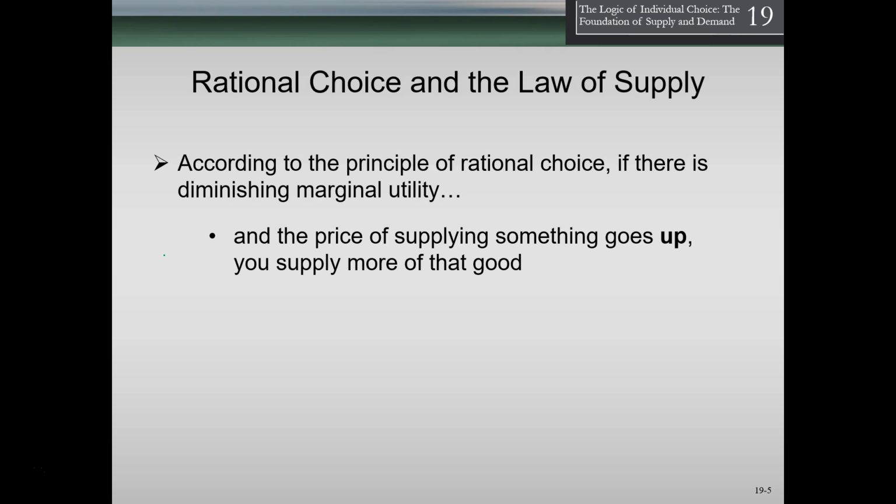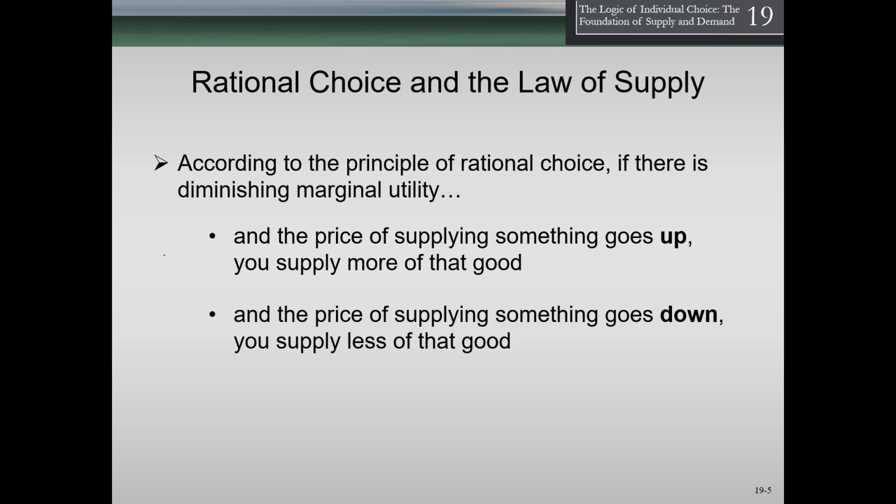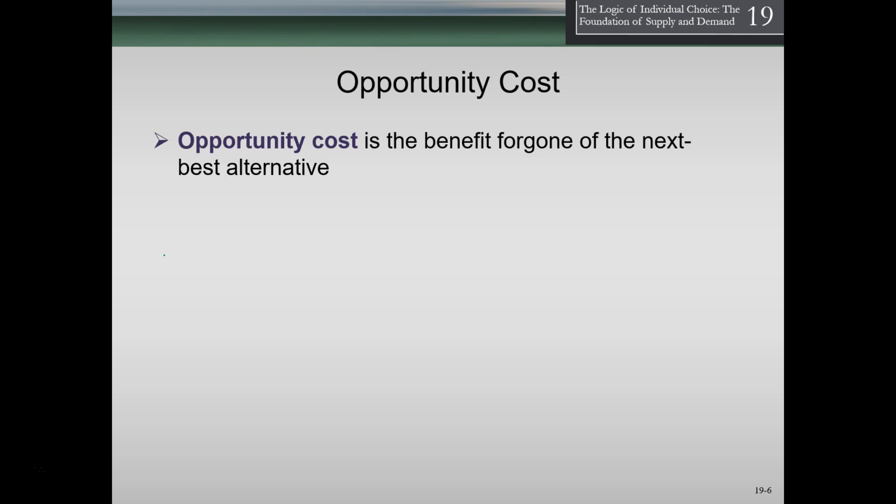Now remember, when they say the price goes up, we're not the ones that make the price go up, because we're going into a market that has basically a market price, and we're kind of price takers in this case. Therefore, we're saying, well, the market price went up, therefore we're going to go in and produce more of it, because that could increase our returns due to the same type of equation using utility. And if the price of supply of something goes down, you supply less of it. So obviously if the market price of something goes down, then we would want to supply less of it.